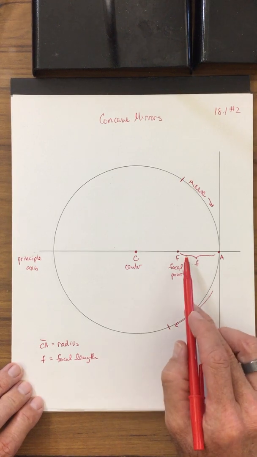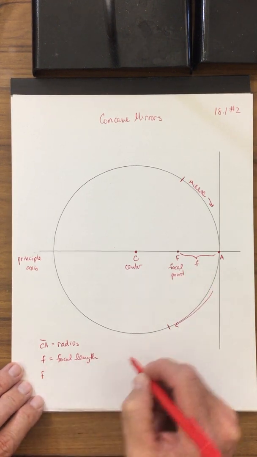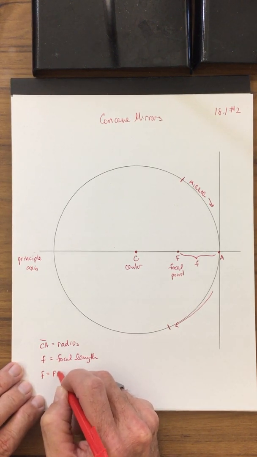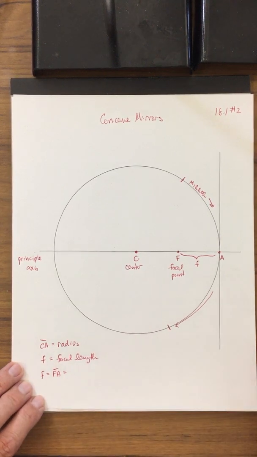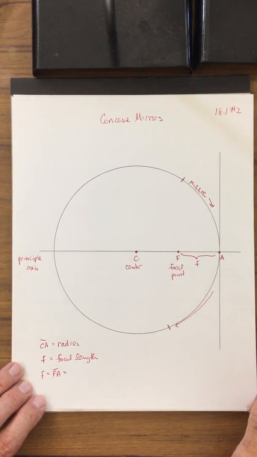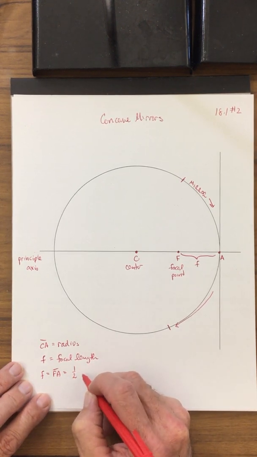And therefore, the focal length, which is also equal to the segment FA, is equal to what portion of my radius? It's going to be equal to 1/2 the radius.